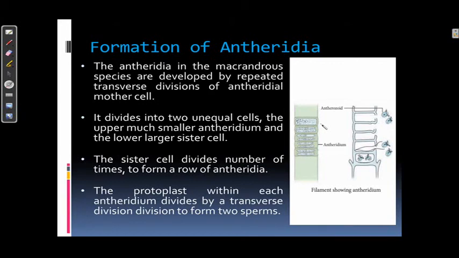Now the sister cell divides a number of times in the same manner and forms a row of antheridia. And on maturity, the protoplast inside each antheridium divides by transverse division to form 2 antherozoids. So students, each antheridium forms 2 antherozoids.